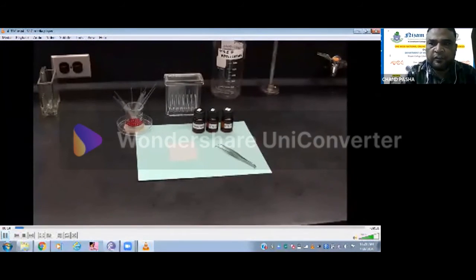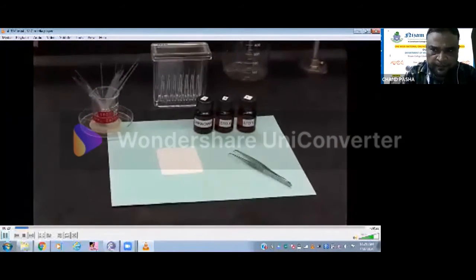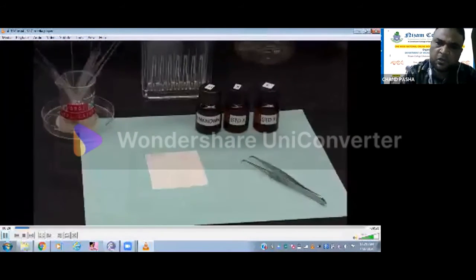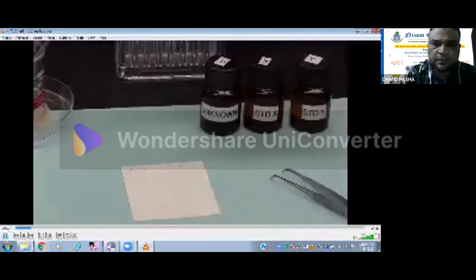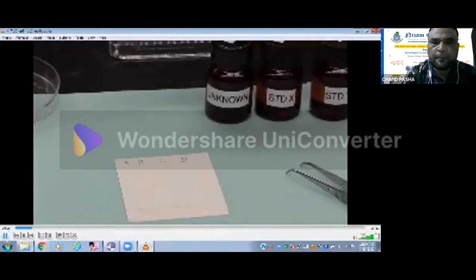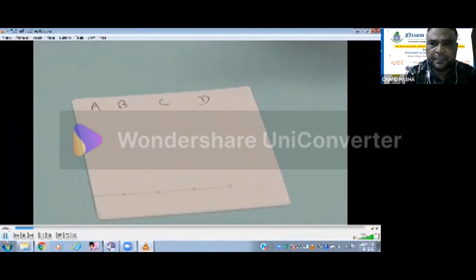So here we will explain with a ready-made TLC plate, as Merck is providing excellent ones. See, this is the Merck TLC plate, but you can prepare it on a small scale if you are practicing at your college level. Then you can prepare the TLC plates using your slide itself.